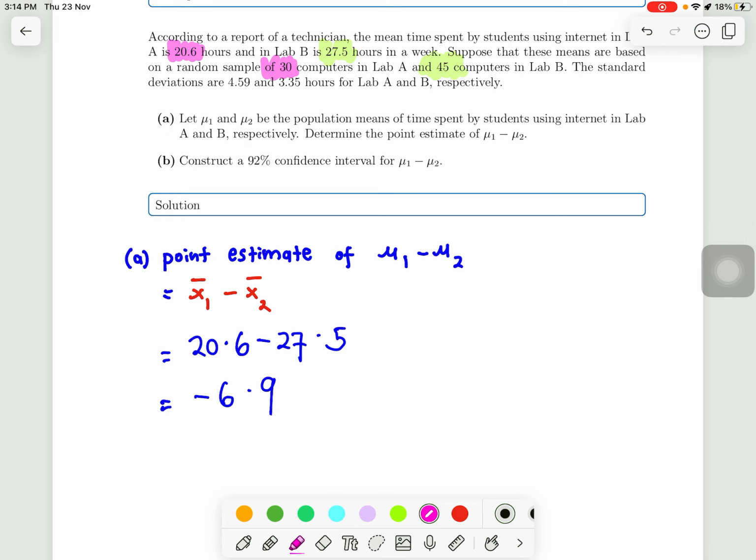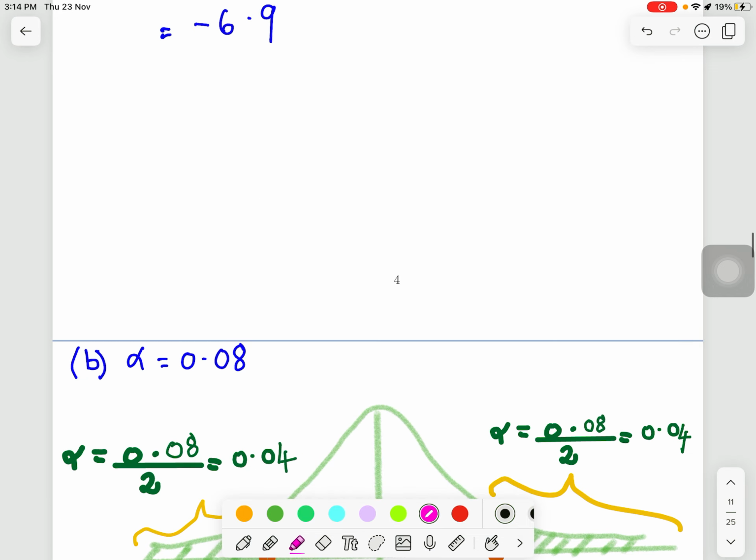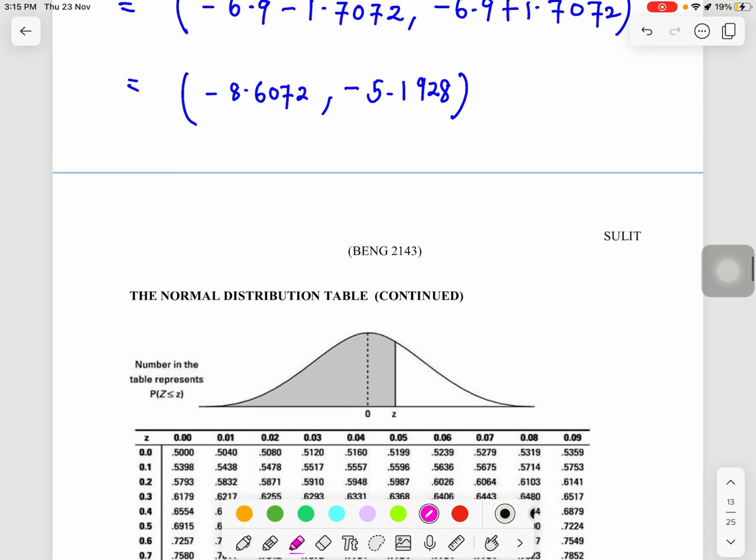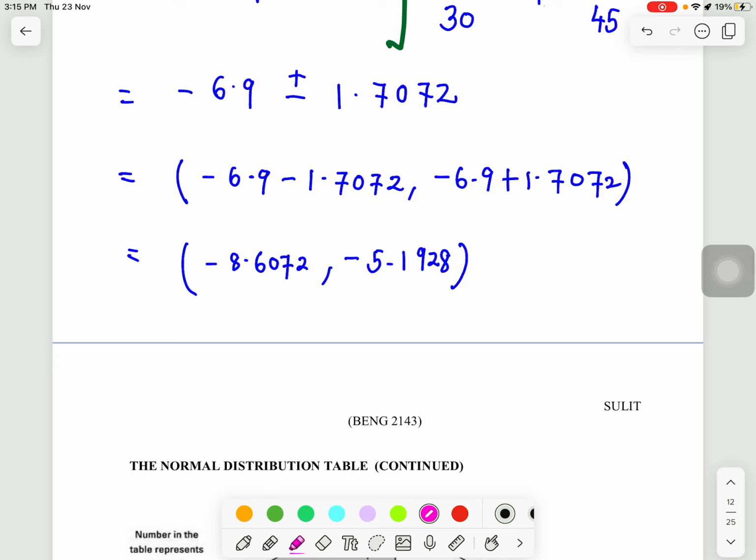I'm sure there's no problem for you to understand the early part of this topic. Alright, so our aim for the first video is to get the point estimate and also the confidence interval. Alright, so please refer to example 3. Okay, we complete example 3.